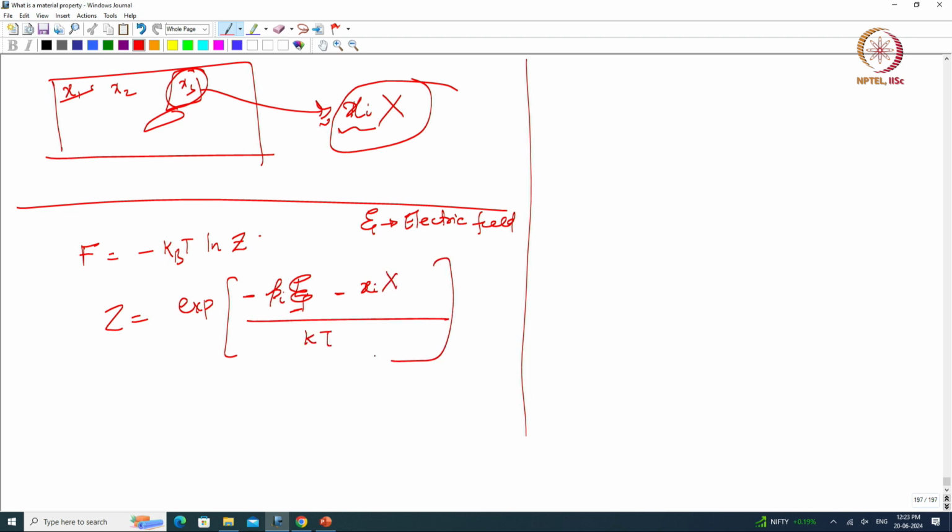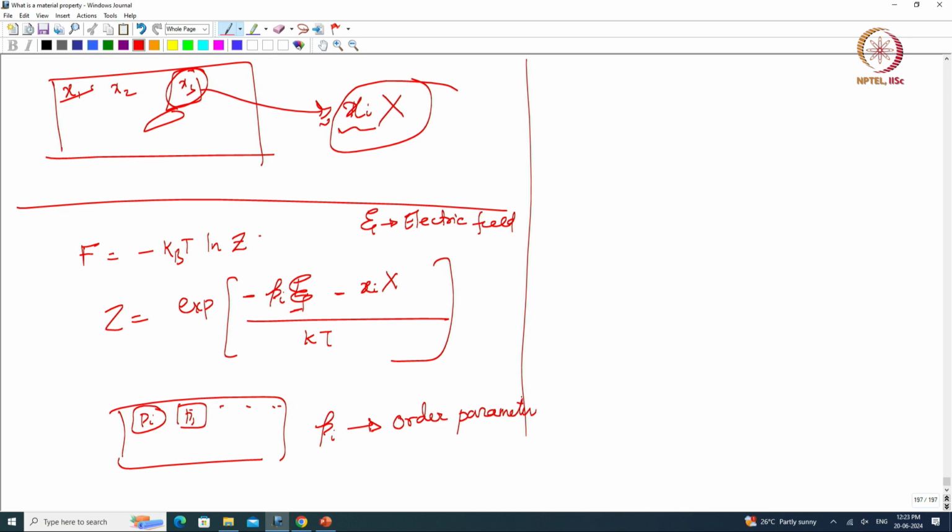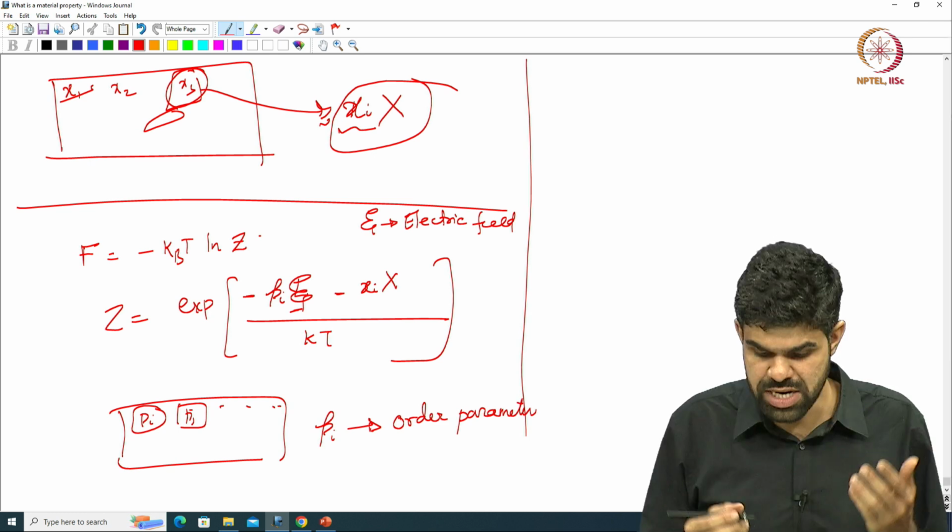Now, my system, in different parts, is defined by a polarization vector, right. So, this part has a polarization vector Pi, this part has a polarization vector Pj, and so on. I am going to call Pi some sort of an order parameter. I am going to define what this is properly later when I do Landau theory.